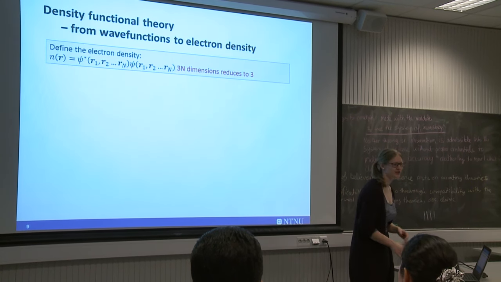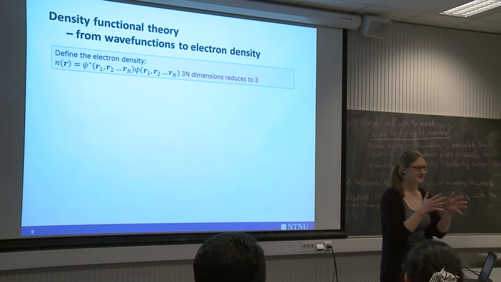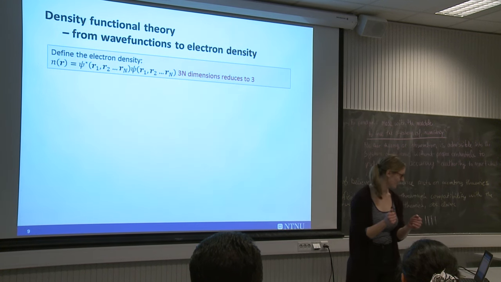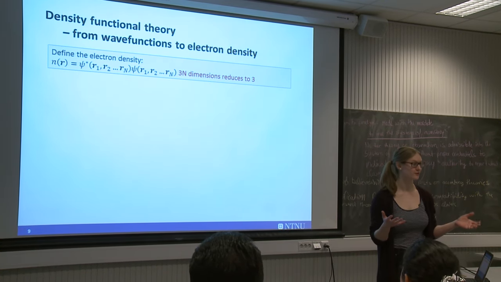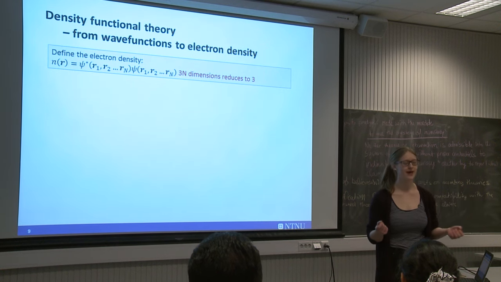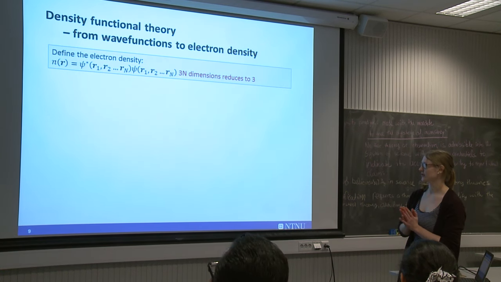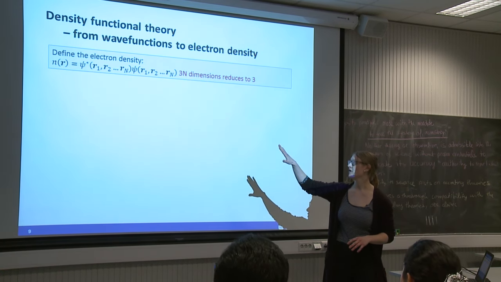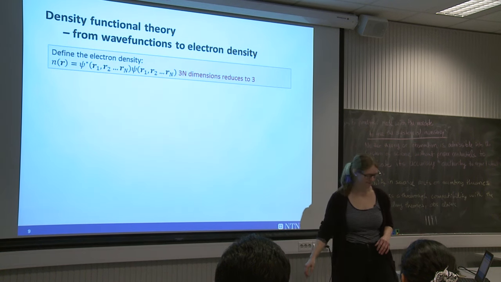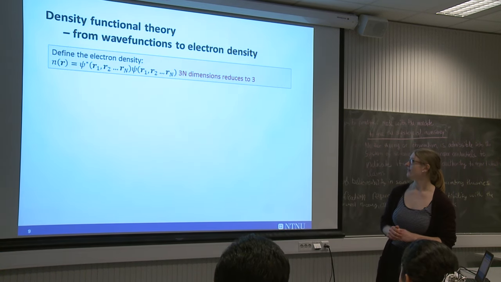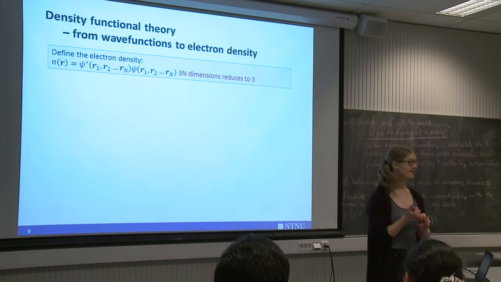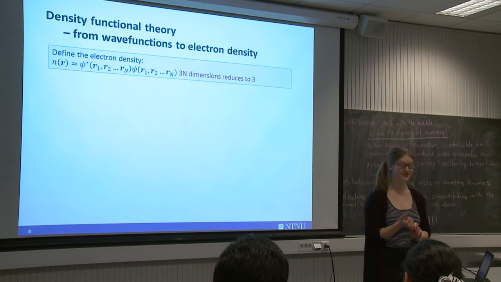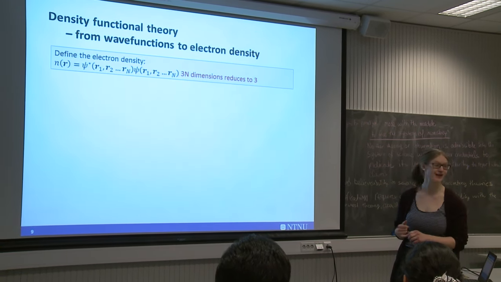Here is where we start to approach density functional theory, right? So the electron density, that's actually a true observable, which in principle can be measured. That can be defined from the wave function. That reduces from 3n dimensions to 3 spatial dimensions.